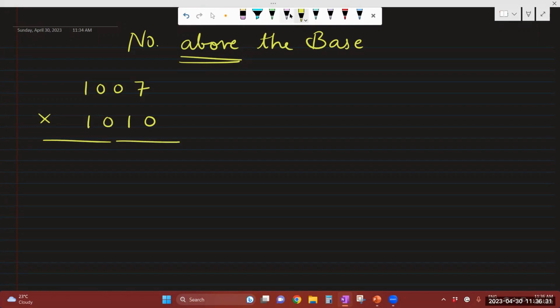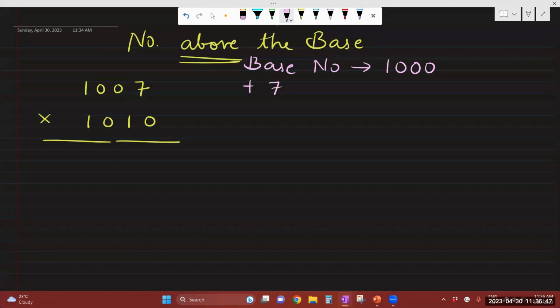So now tell me what will be the base number in this case? 1,000. So 1007 minus 1000 is how much? Plus 7. And here it will be plus 10.